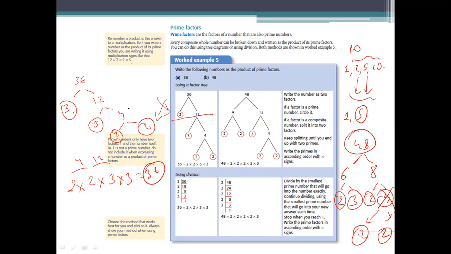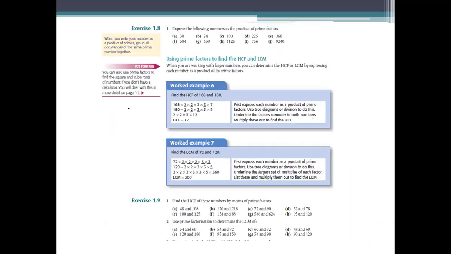Okay, open the next page. There are some examples. Express the following numbers as the product of prime factors. Option A. Tree diagrams, don't forget.